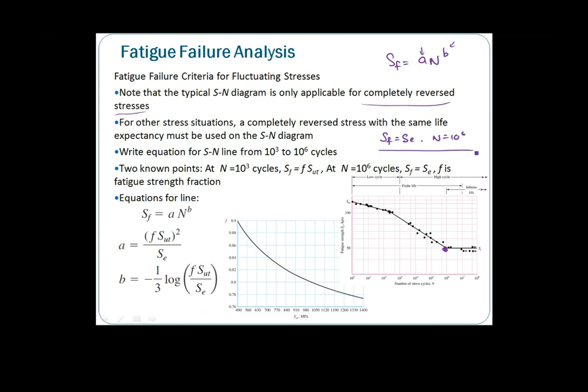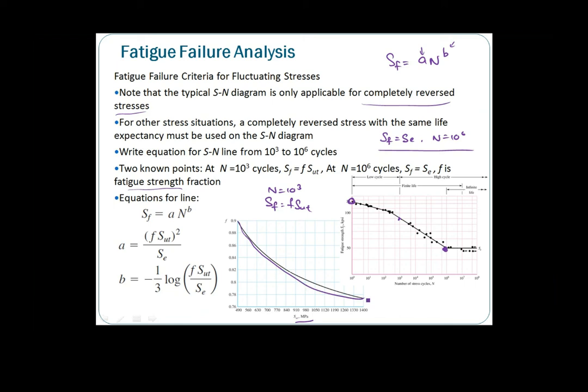The second condition is at N equals 10 power of 3, fatigue will happen. This fatigue strength Sf is a fraction of my Sut, some ratio of my Sut. This ratio is what we call the fatigue strength fraction from our ultimate strength. It is experimentally investigated and tabulated, as you see in this curve.